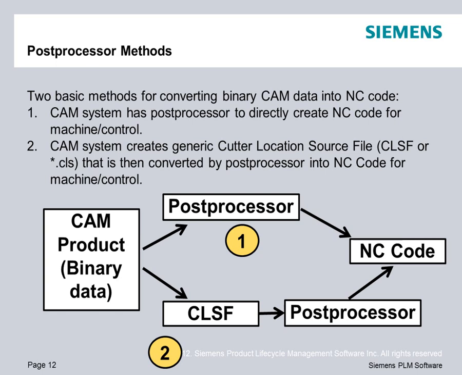Now I think method one is better, and the reason I think that is because as we get into our PostBuilder product and as we start showing you how to create post-processors with it, you'll see that we can actually grab data and information that's not available in any CL source file.